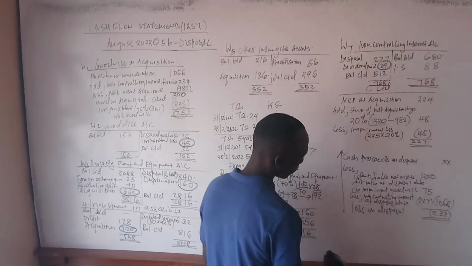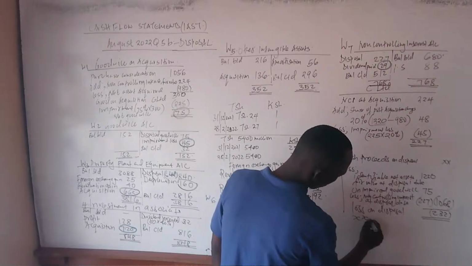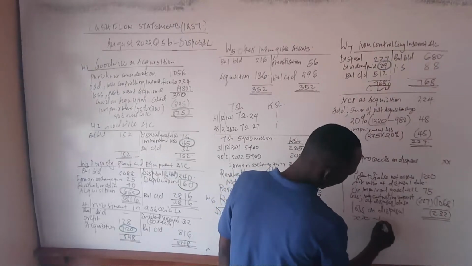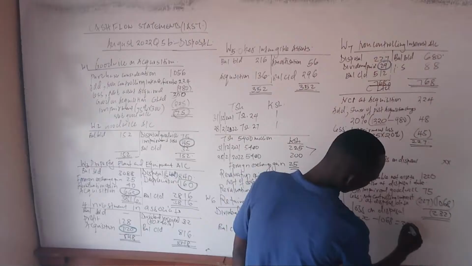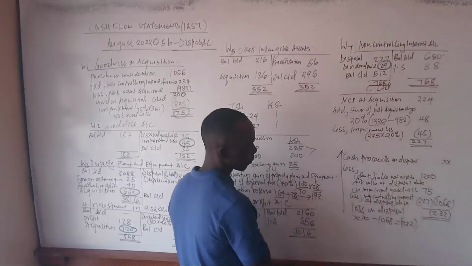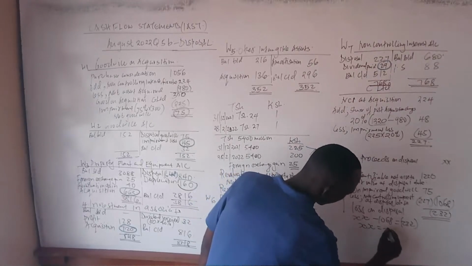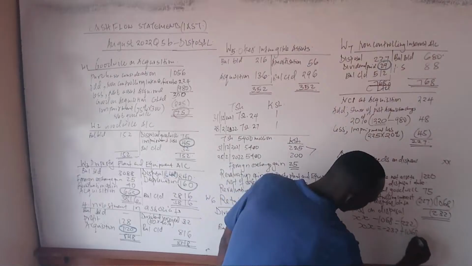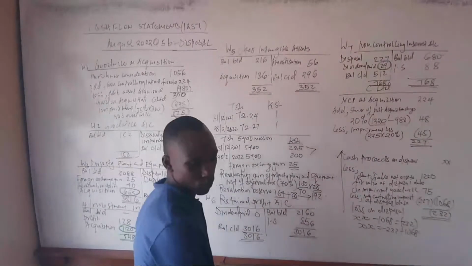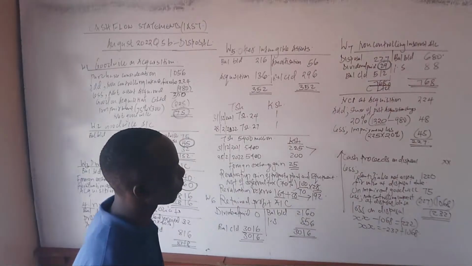So therefore, we have x. So we are talking about x minus 1068 will give us what? Negative 232. So our x is going to be negative 232 plus 1068. So our cash proceeds will be how much?